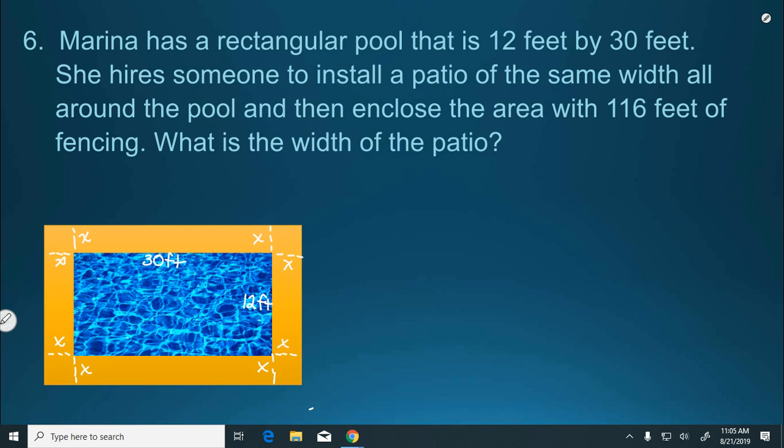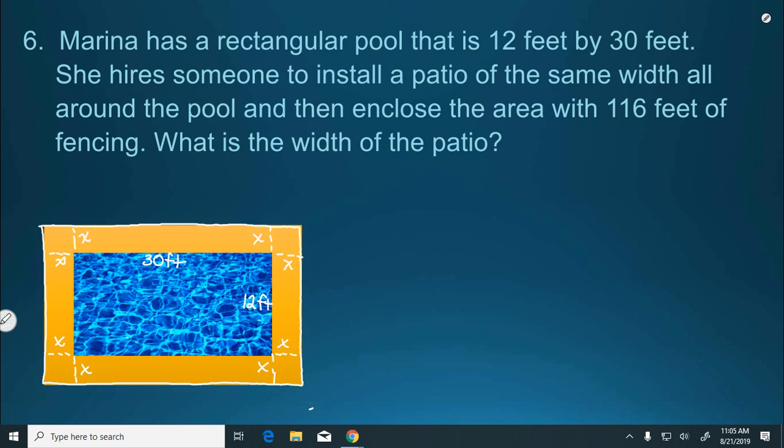Okay, now what we also know is that the entire perimeter, when we enclose the patio and the pool with fencing, we need 116 feet of fencing to do that. So now we have to come up with dimensions for that entire enclosed area.